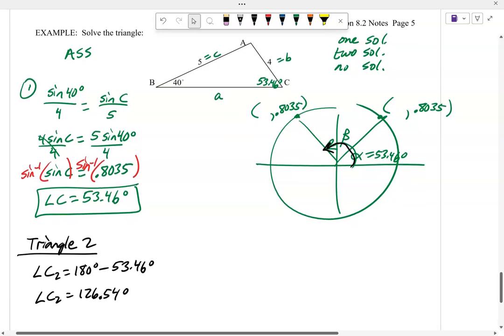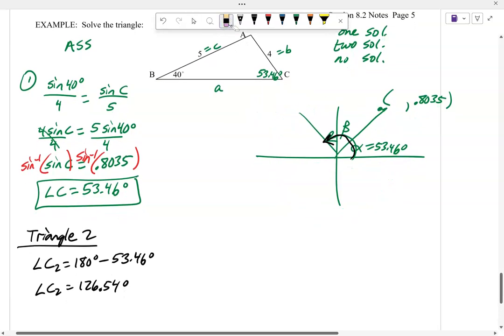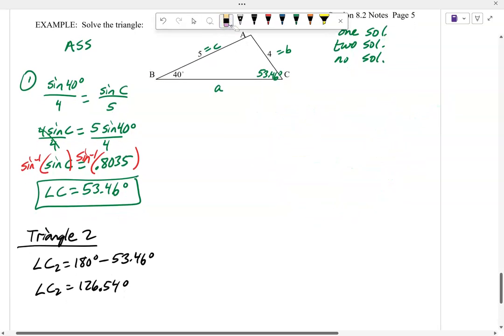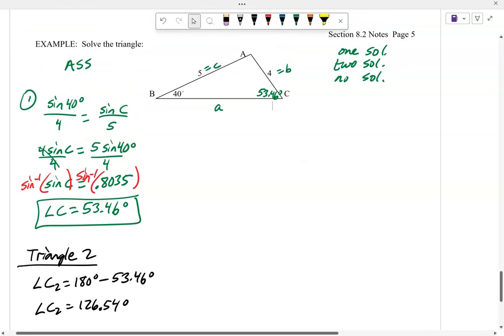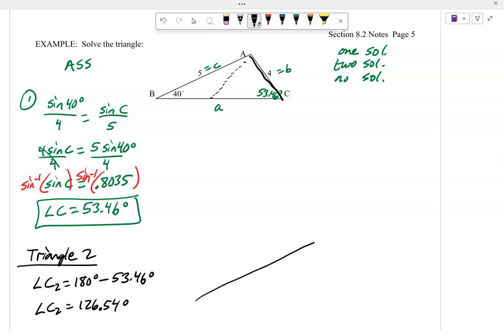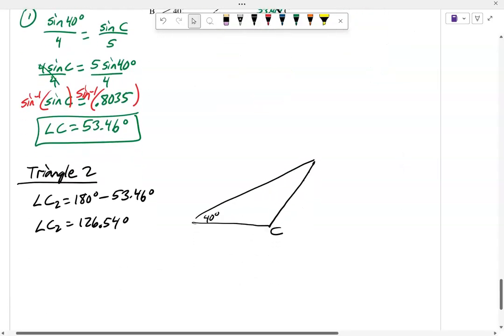And let's see if we can draw that. Get you a feel for this. And is that even possible? Well, if we take this arm right here and we rotate it over to there, same length, right? Then that changes angle C to being obtuse.